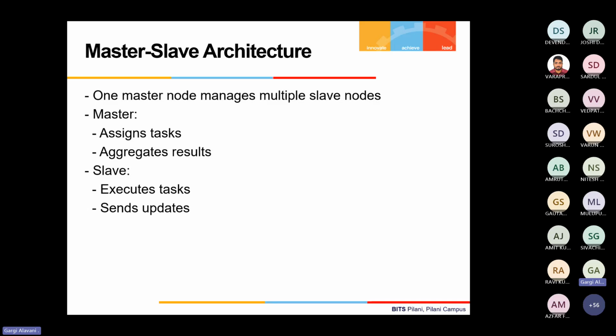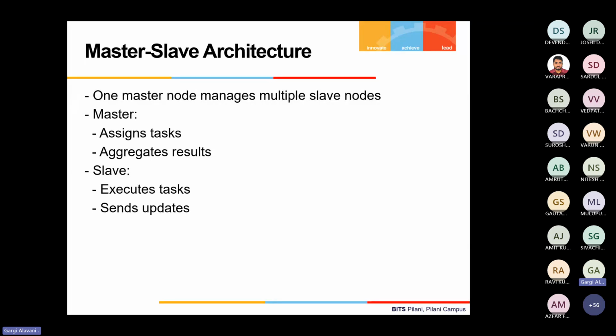So I was talking about architecture in the previous few slides. There are two types of architectures. One is master slave, the other is client server. In master slave, you have one master node which is responsible for assigning the tasks to the slaves.